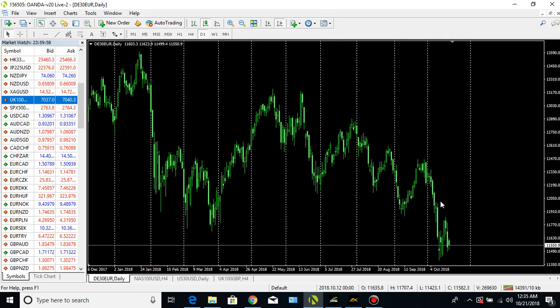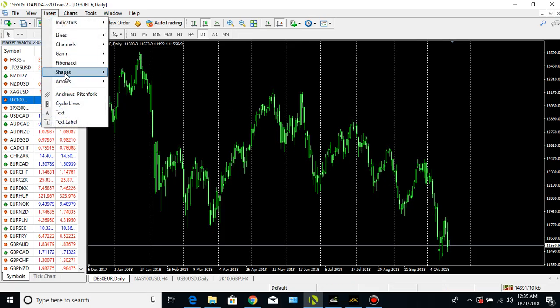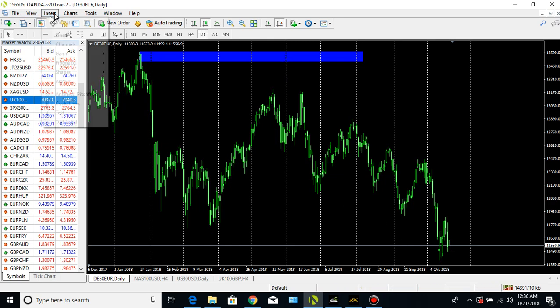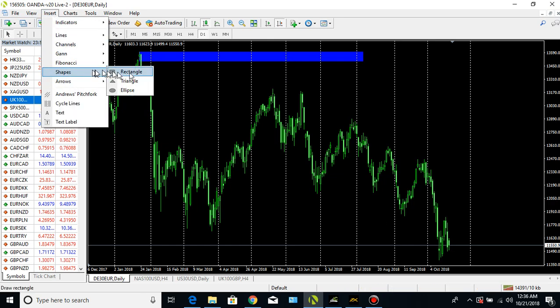All you do when you're drawing your supply, which is at the top, you just cover that last candlestick, you draw a zone, then you are saying when price comes back to the zone, it will turn, which is what happened here.